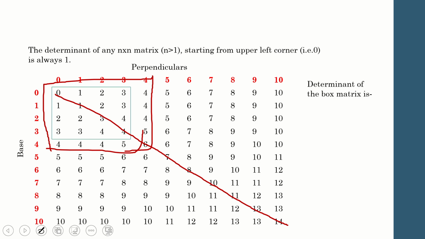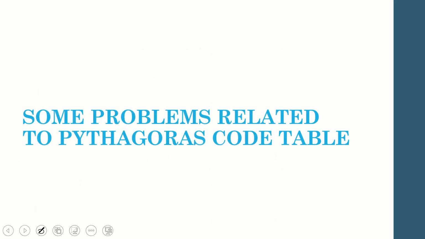Then if you get 1, it is clearly proved that the determinant of this entire code table of 11 by 11 matrix comes to be 1. So these are some observations we have collected from different experiments, different tests.